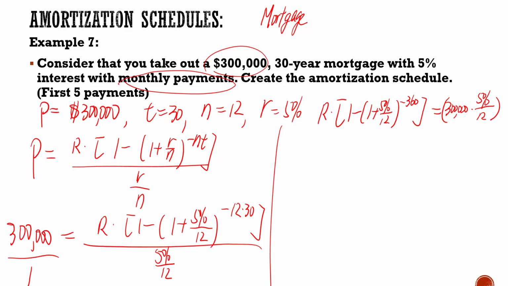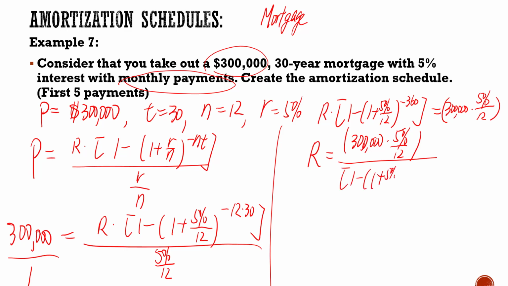Dividing both sides by the square bracket, regular payment equals 300,000 times 5% over 12, divided by 1 minus 1 plus 5% over 12 raised to negative 360 power.